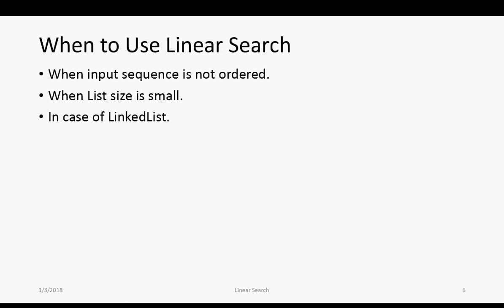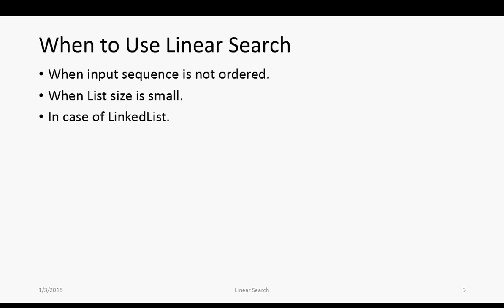Next, in the case of a linked list, I would use a linear search because binary search has a prerequisite that your input needs to be sorted. It's a bad idea to sort a linked list because you don't have randomness, because you don't have locality of reference. It's going to be difficult to sort and then search within the linked list because of the nature of the linked list, where you're going to sequentially access each and every node.